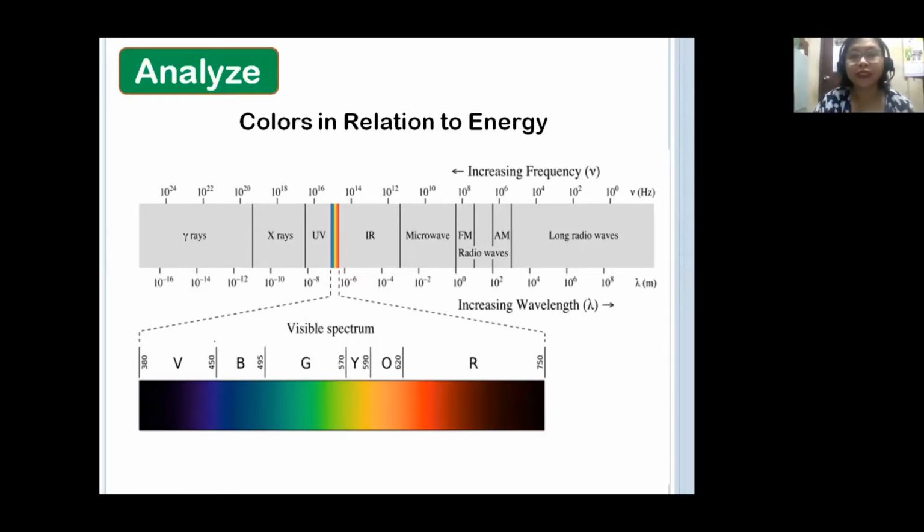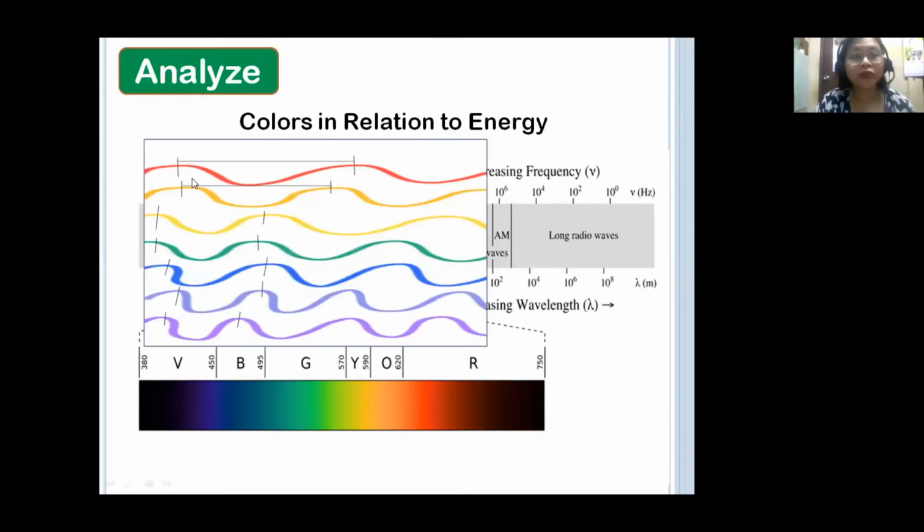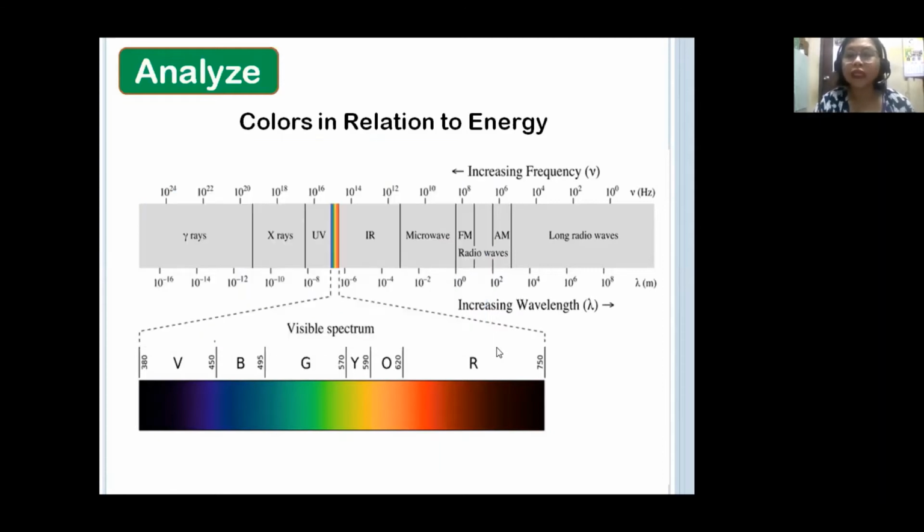Okay, so let me just show you. In comparison, when we say increasing wavelength, from violet to red, red has the most wavelength, or the widest wavelength, biggest wavelength rather.